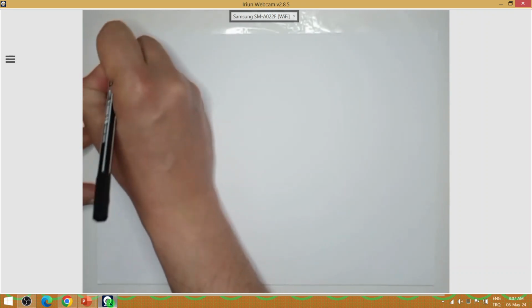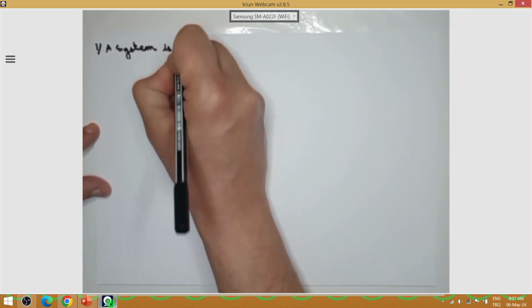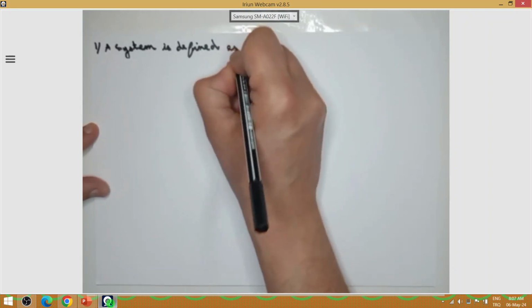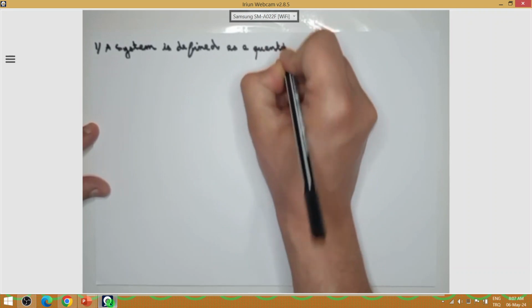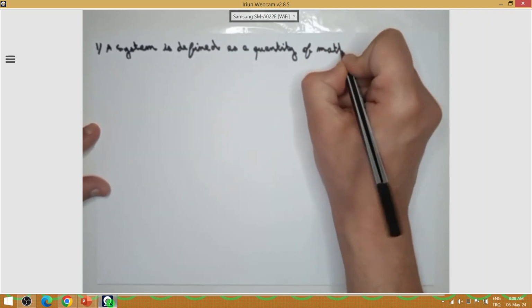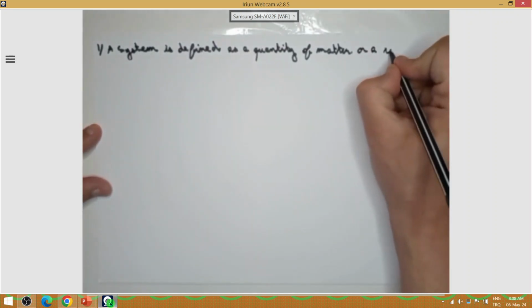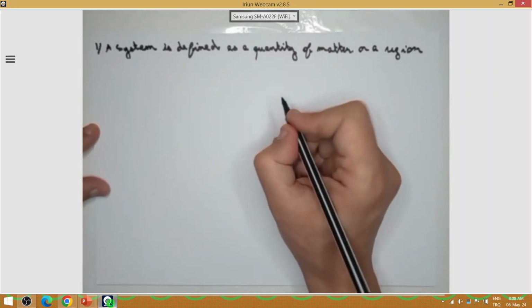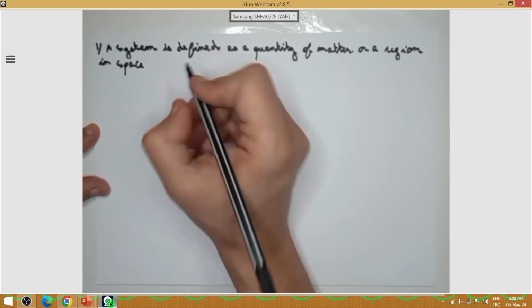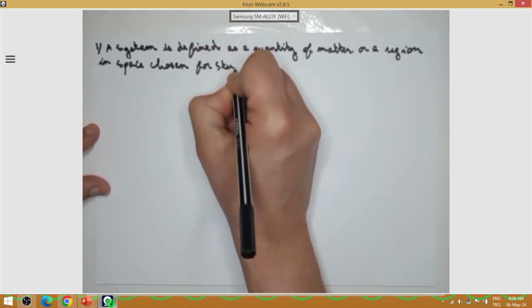A system is defined as a quantity of matter or a region in space chosen for study.